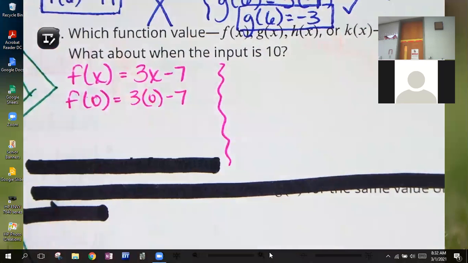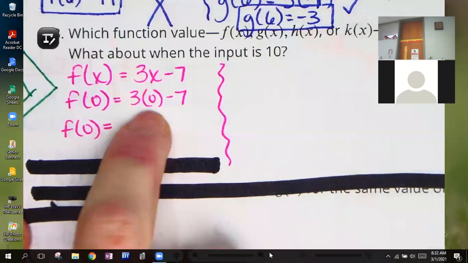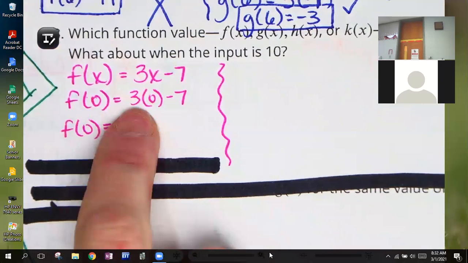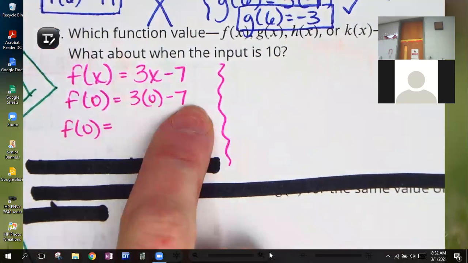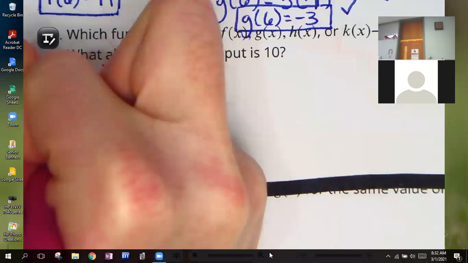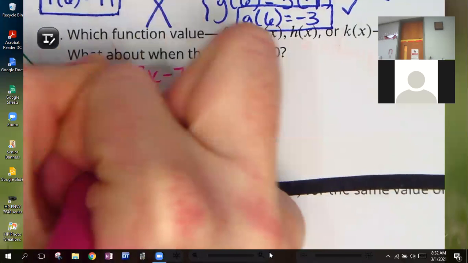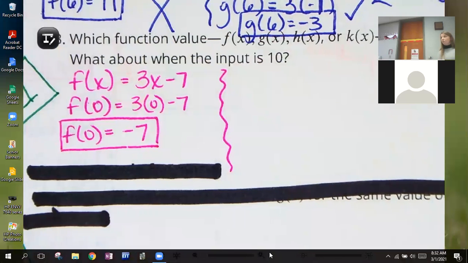No, so I just bring it down. And now I can simplify this side. What's 3 times 0? 0. Minus 7? Negative 7. Okay, so there is my output for f of 0. Now you have to find the output for g of 0, h of 0, and k of 0, and then compare. Okay, so that's part 1.